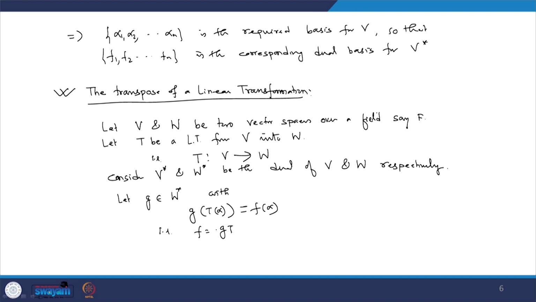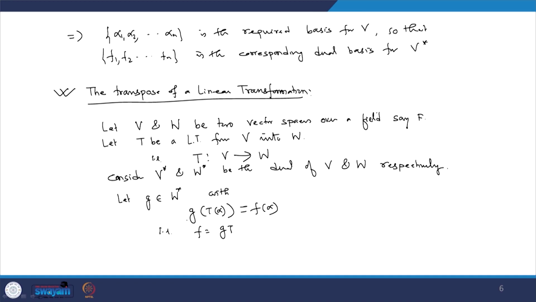So, T is a linear transformation from V into W and g is a linear functional on W. Take the composition of g and T; then g T is basically a functional, a function from V to capital F, please.